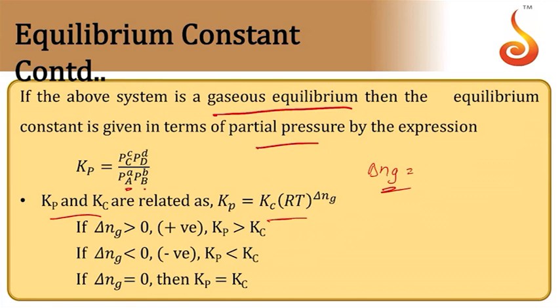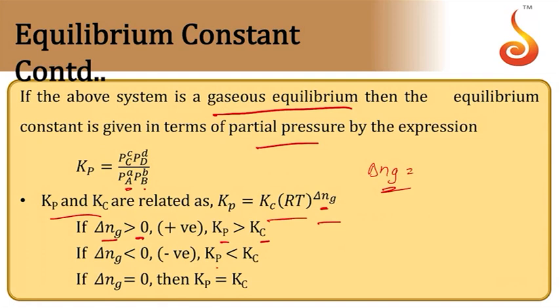Now in this relation, we can understand mathematically, if delta n is greater than 0, then Kp is more than Kc. If delta n is less than 0, then Kp is less than Kc. And if delta n is equal to 0, then Kp must be equal to Kc. This can be understood mathematically from the relation Kp is equal to Kc into RT power delta n.